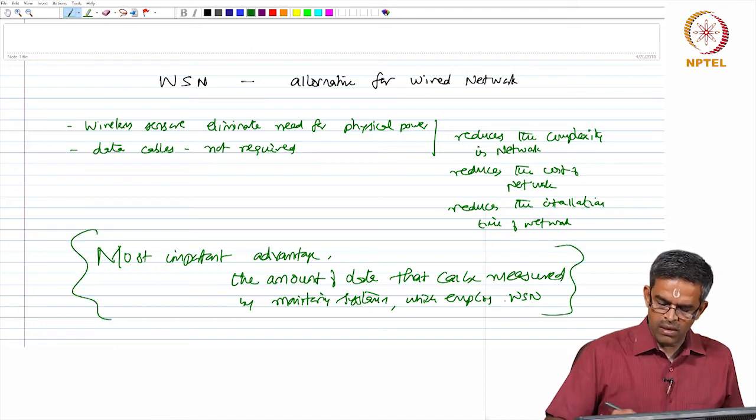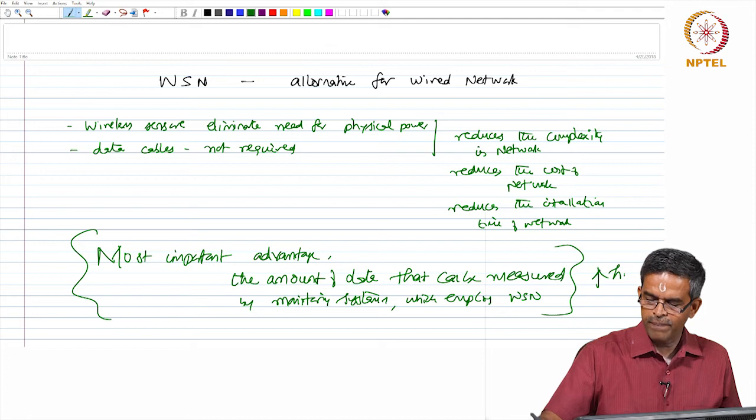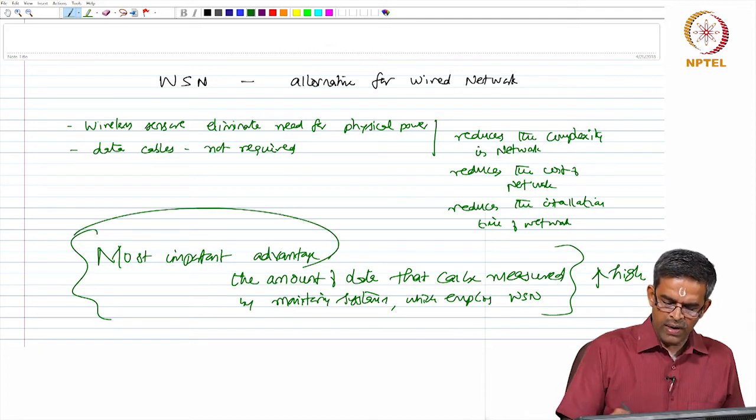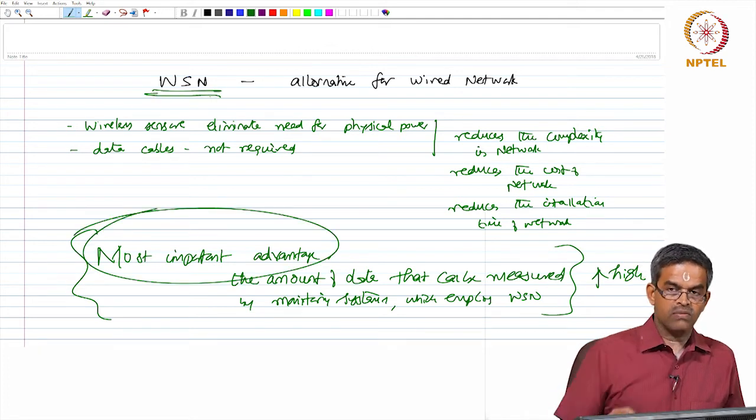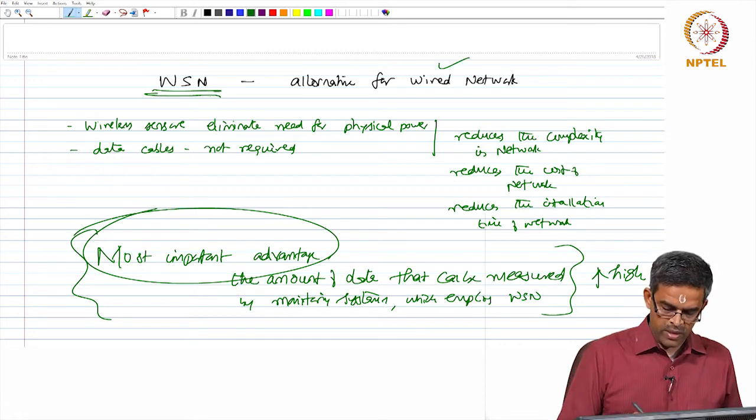This amount of data is phenomenally high. That is the major advantage we have in wireless sensor networking compared to the wired networks.